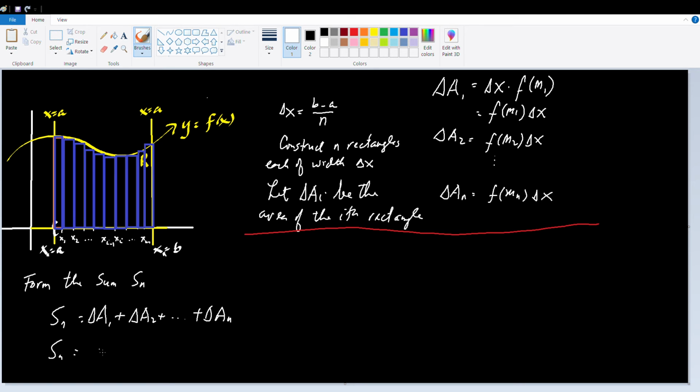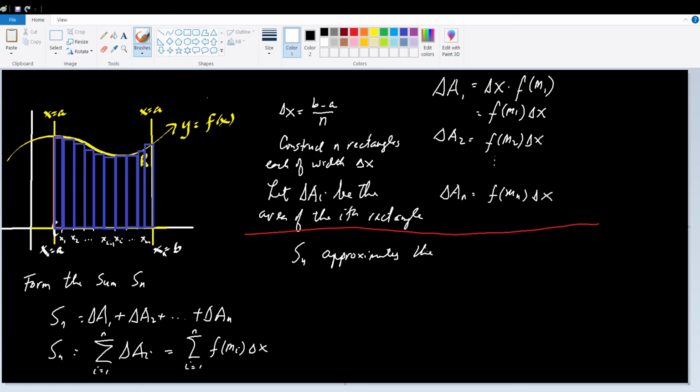Using sigma notation, this is equivalent to the summation of delta Ai, i from 1 to n, which is equal to the sum of f of mi delta x, i from 1 to n.